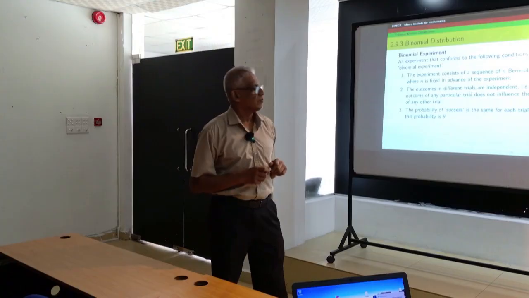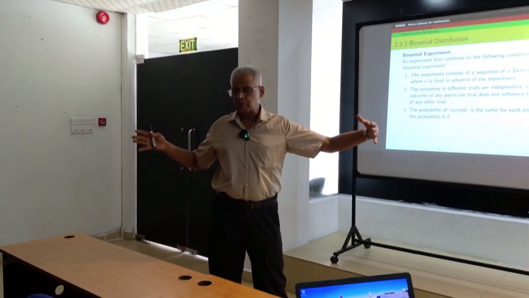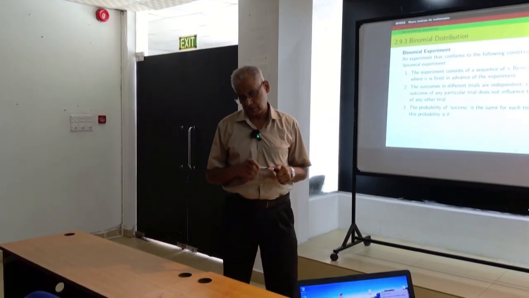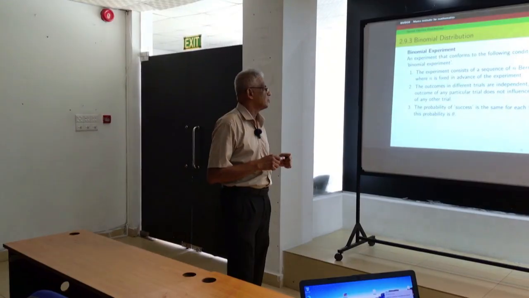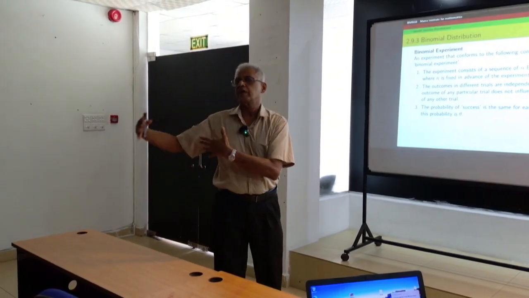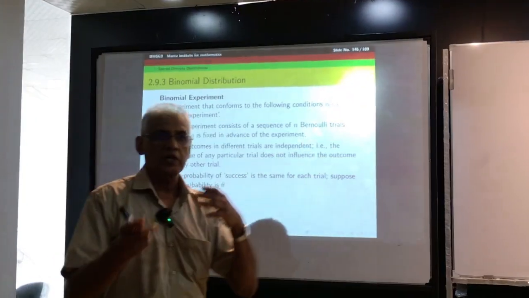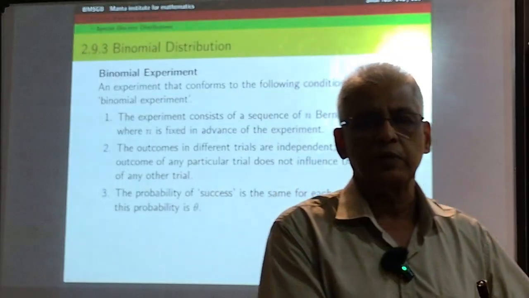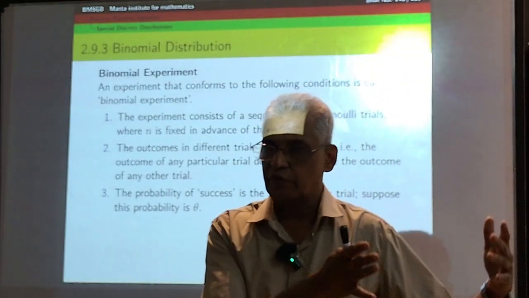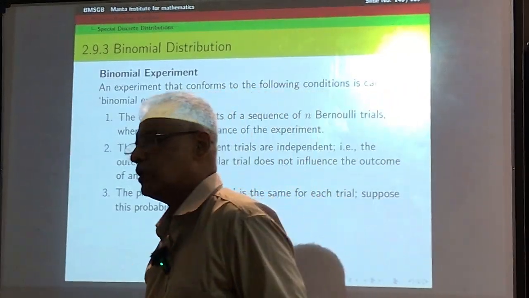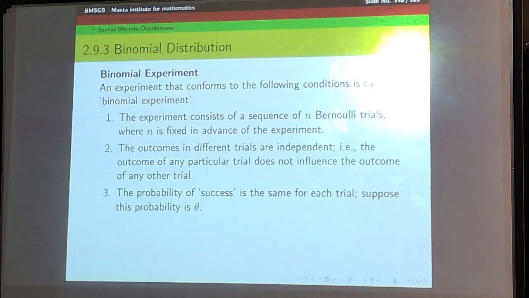The first requirement is that we have a sequence of a fixed number of Bernoulli trials, n trials, where n is fixed in advance. The second requirement is that the outcome in one experiment, whether you get a success or failure, should not depend on the outcomes in other experiments.